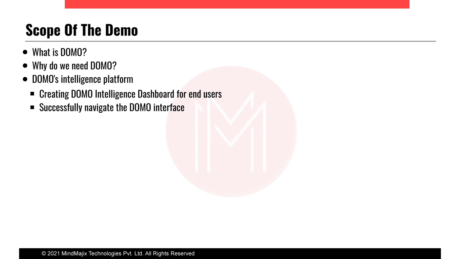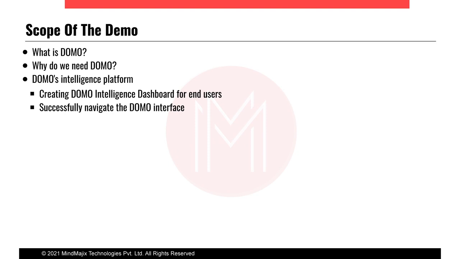So any person who has access to Domo will be able to filter the dashboard for their department, for their team specifically, and look at their performance, right? They don't have to be technically qualified to actually look at the reports or dashboards and apply the filters.